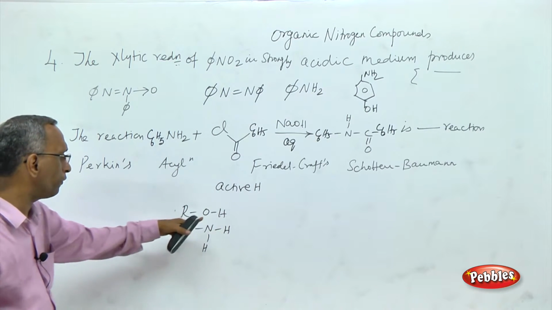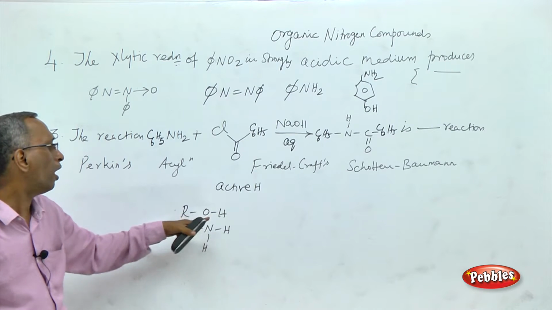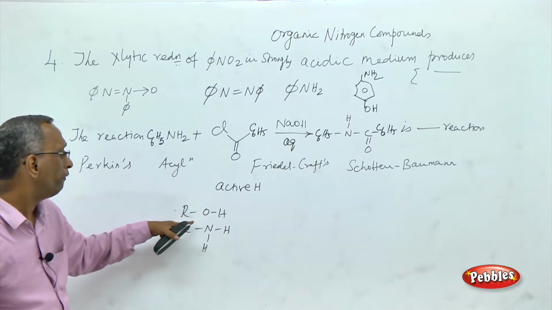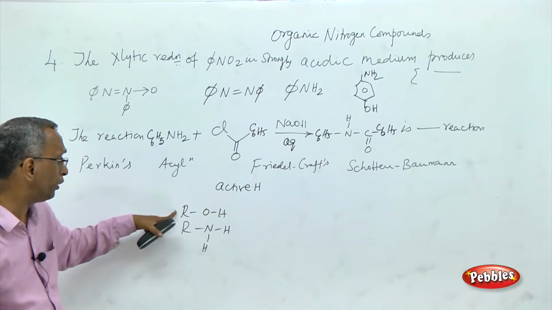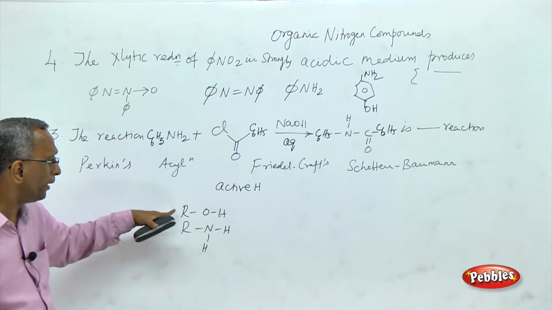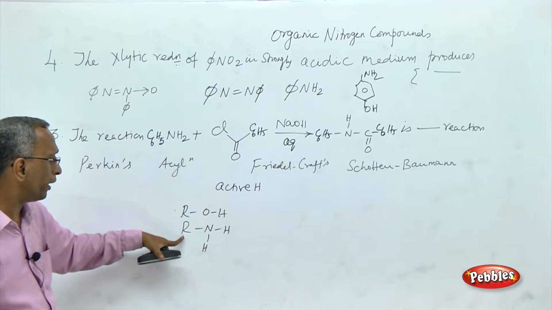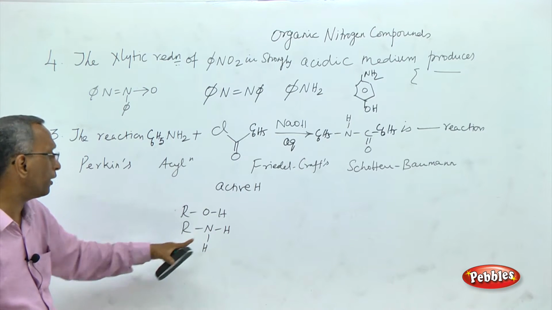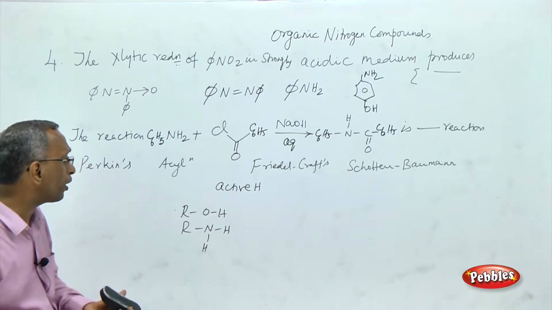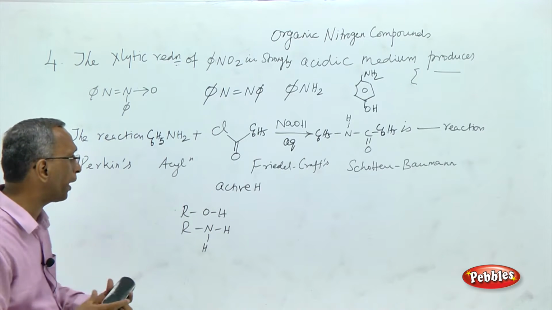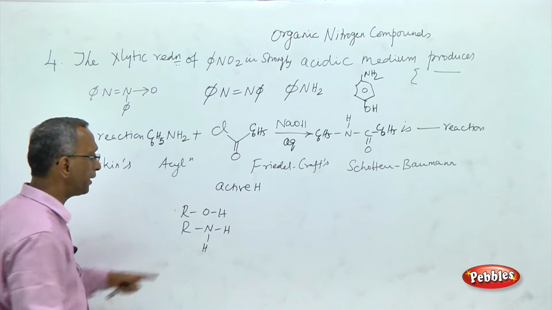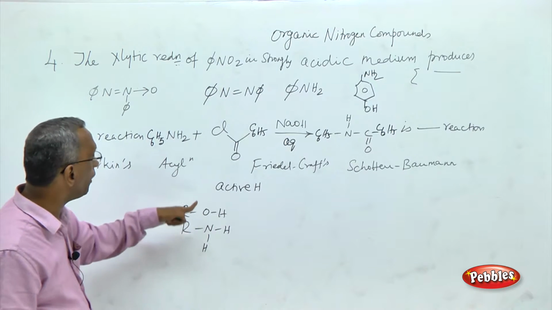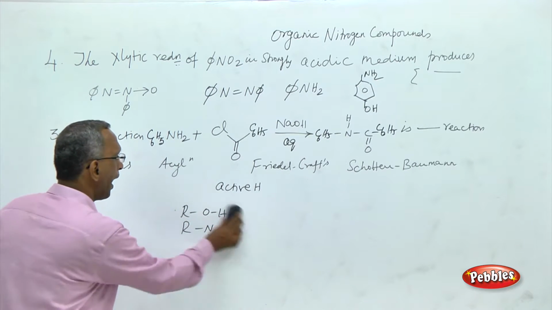Whenever you write the reaction of ROH plus Na, we write RONa plus H2. We do not disturb the hydrogen in the alkyl group. Here also, when NH2 reacts, the hydrogen of the amino group is replaced first. So they are more active than the alkyl group hydrogen. So the hydrogen atoms attached to nitrogen or oxygen are said to be active hydrogen.